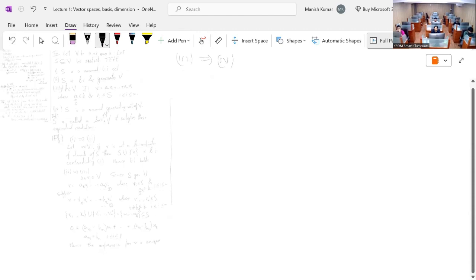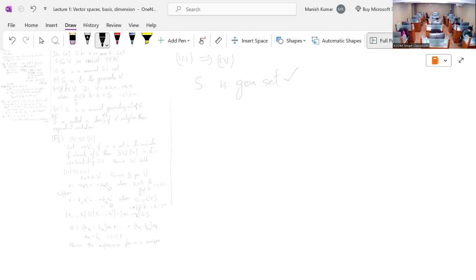Now we want to show that if you can represent every element of V uniquely as a linear combination of elements of S, then S is a minimal generating set. By hypothesis itself, S is a generating set because you can write every element so. Okay, and then we want to show that it's a minimal generating set.